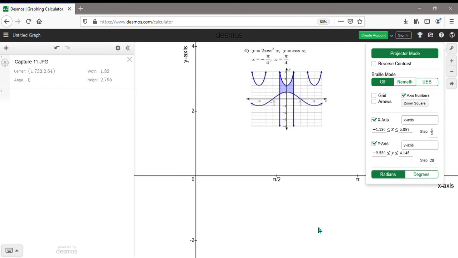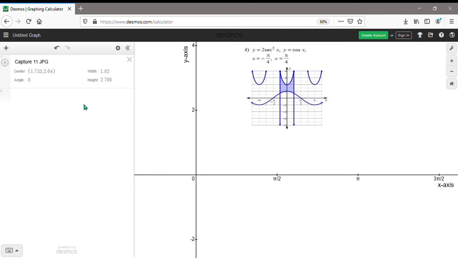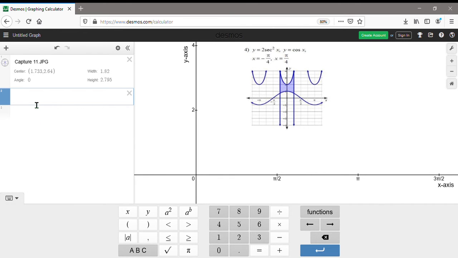I already set up some window dimensions so I can nicely see this shaded region in its corresponding graph here, and also leave space so we can see this original problem here that I pasted into the picture. All right, I'm going to make my f of x the 2 secant squared.